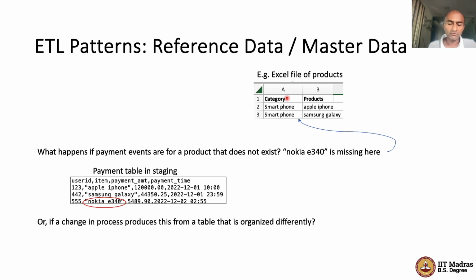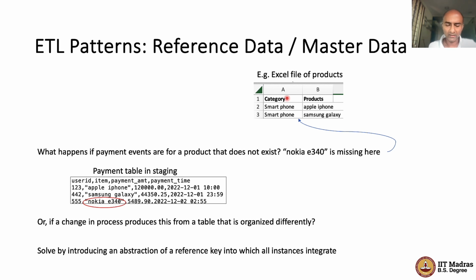So if you go down that road, which is the more practical way of handling this specific data problem, you essentially introduce a concept called a reference key. That reference key, as the name suggests, is a unique ID. That unique ID is created by you as an OLAP developer.